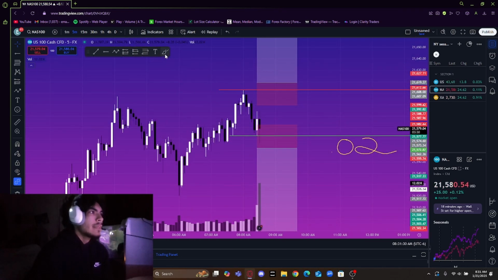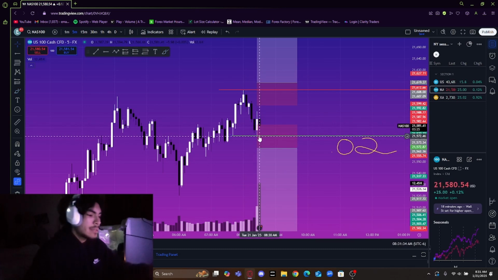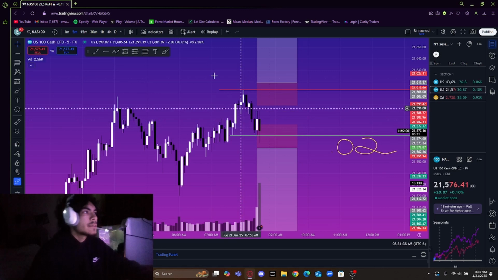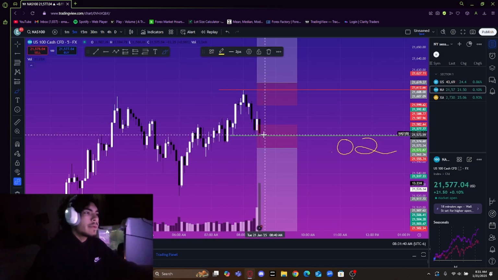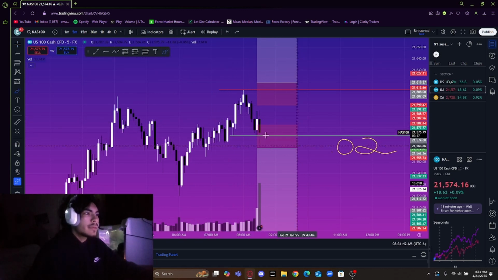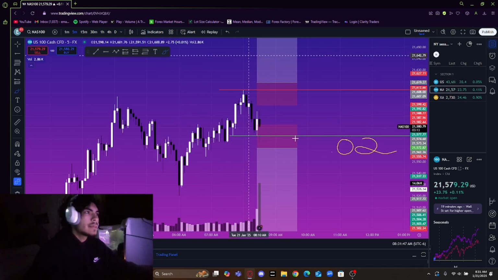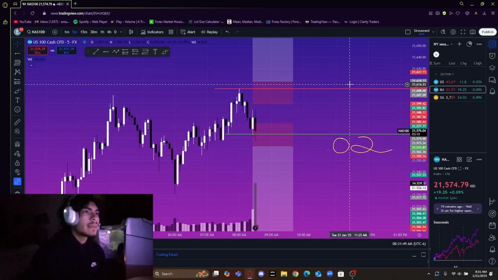We have to keep in mind that even though I'm using lines, obviously price is not going to follow them to the exact T. Even though my support line is right here, this whole area is support. You just have to keep that in mind.